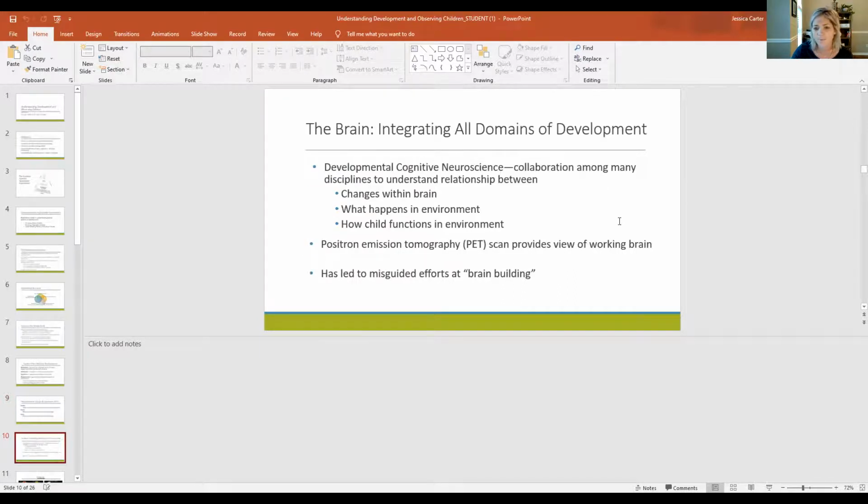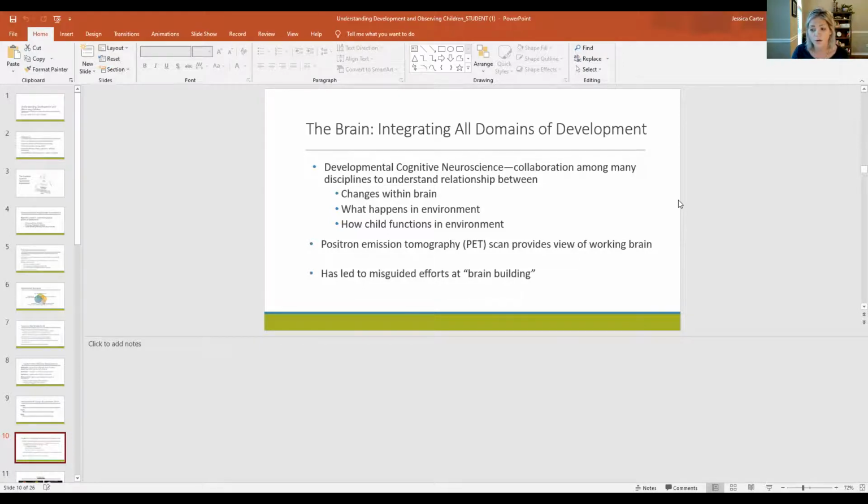So thinking about the brain and how it impacts development. When we think about the brain, we typically think about cognitive development, but really the brain is where there is this interplay among all the different domains.